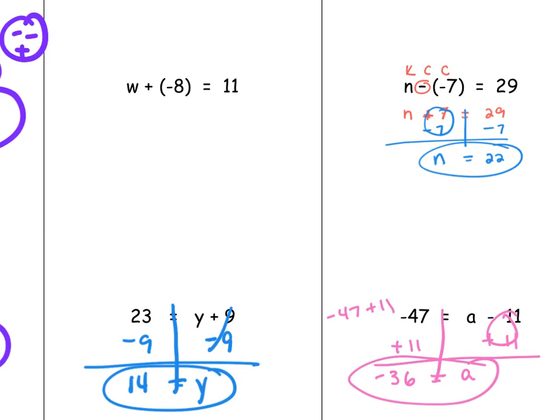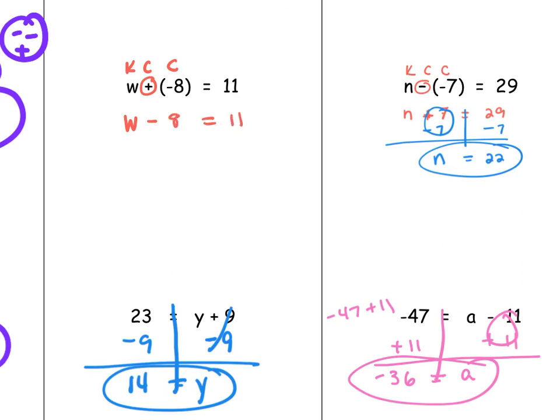We don't normally use keep, change, change when we see addition, but when we have double signs, this is going to help us remove confusion. I'm going to keep W. I'm going to change that plus to a minus, and this negative 8 changes to a positive 8.